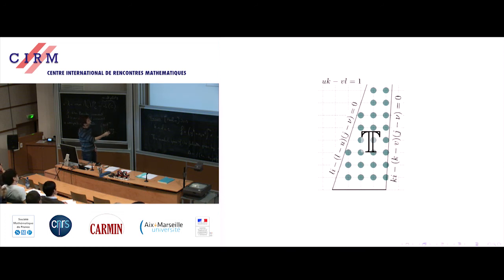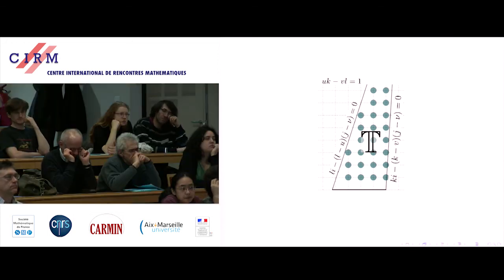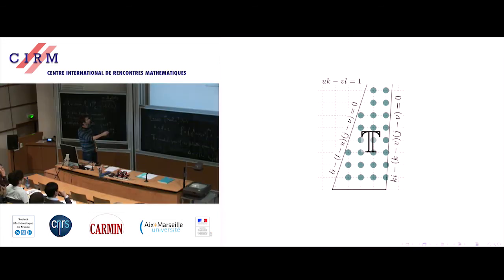And then you draw these two lines in the plane, the line j equal to 0 and these two lines with equations built from the values of k, l, u and v. And you look at all the points with integer coordinates in that triangle.